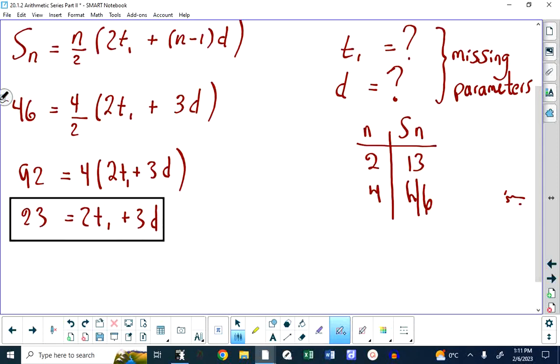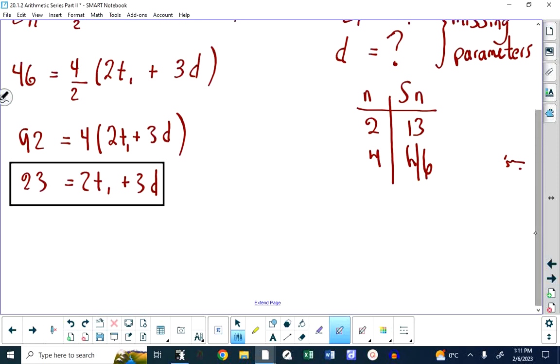Now what I'm going to do is the exact same thing for 2 and 13. Which would give me Sn is 13 equals 2 over 2. Well, that's nice, isn't it? 2 over 2. You're not gifted that very often in a math problem. And then 2t1 plus 3d. Whoops. Whoa, whoa, whoa. Not plus 3d, plus 1d.